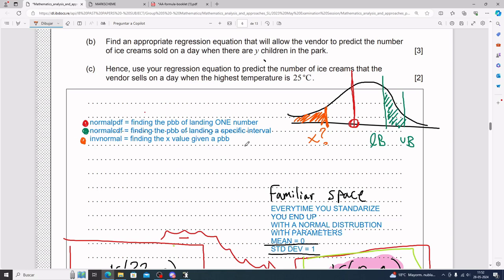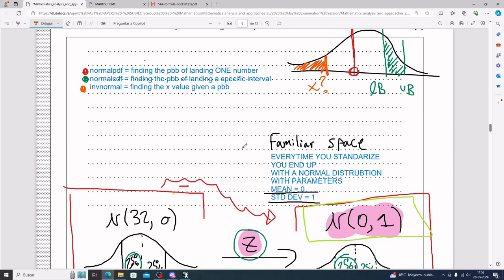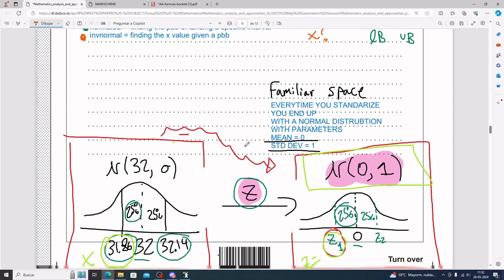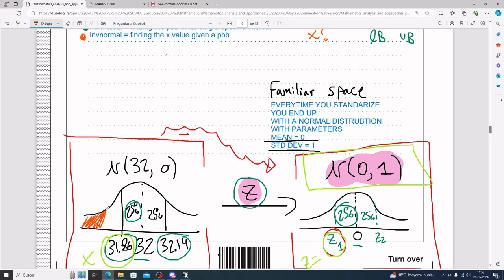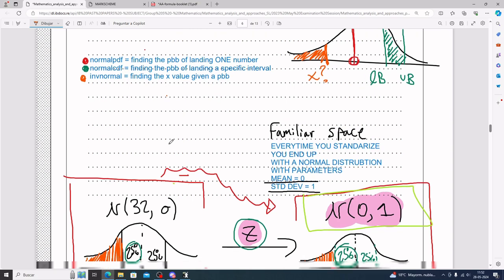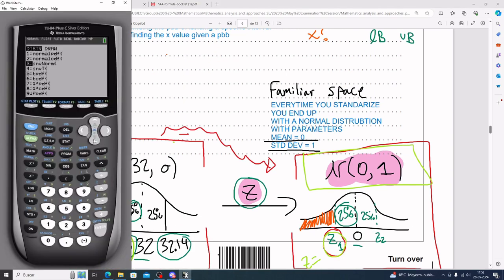And so, this got kind of interesting, didn't it? From here, you can try to find this area here. And once you find this area, you can do the equivalent over there, and it can help you find a Z value. So technically from here, you can do inverse normal of 0.25.